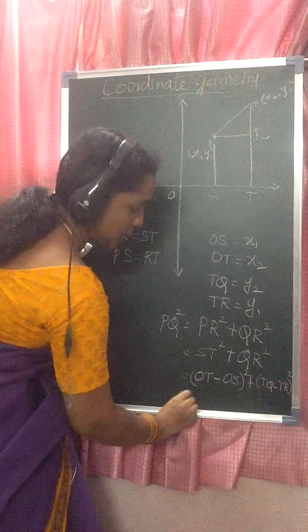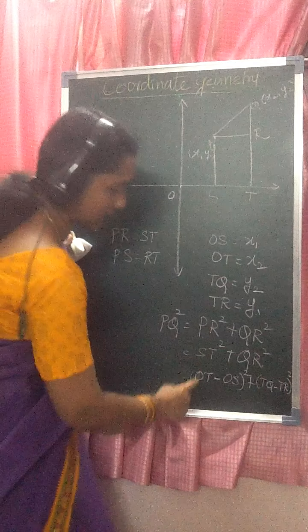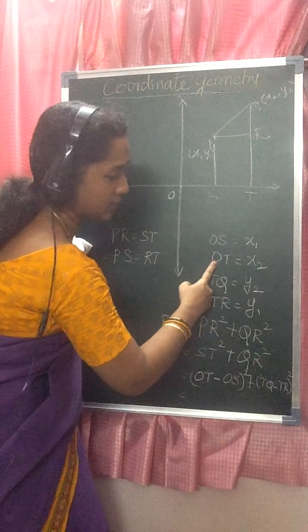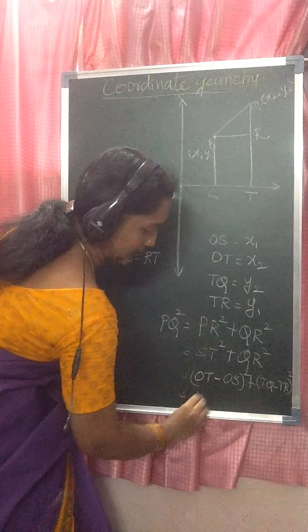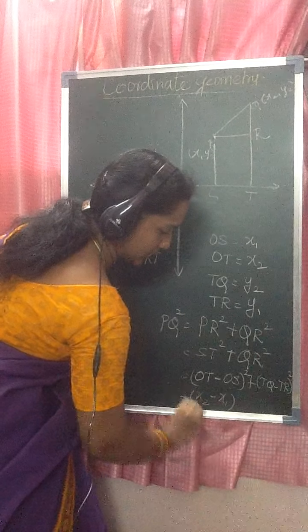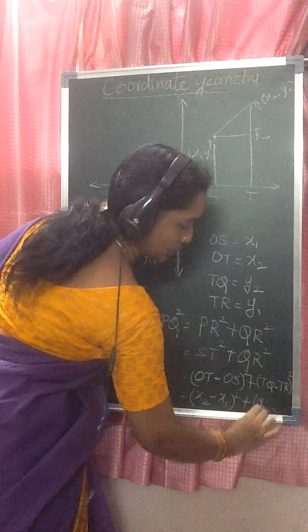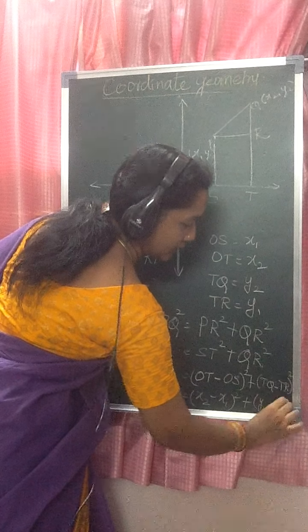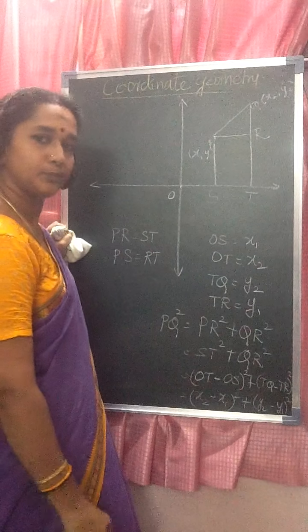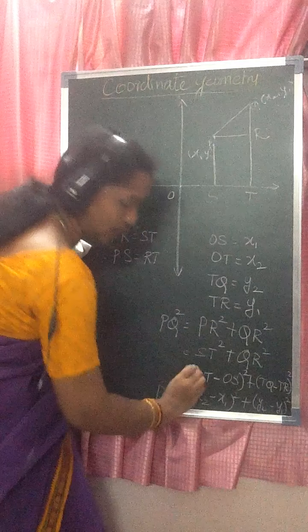Now you substitute the values, which you already know. What is the length of OT? X2 minus OS, which is X1, the whole square, plus what is TQ? Y2 minus Y1, the whole square. Now you have derived the distance PQ.